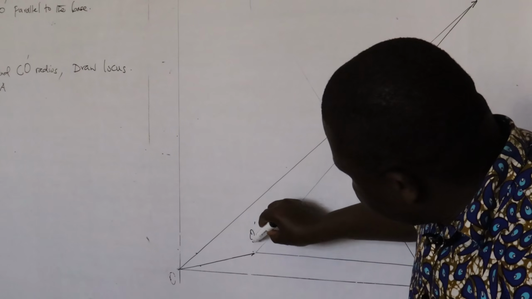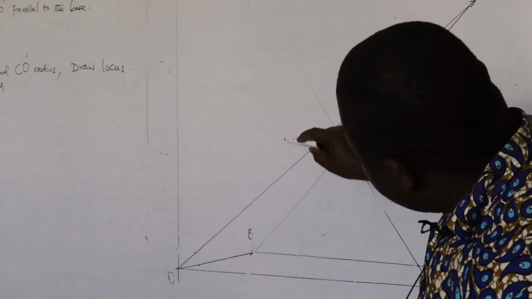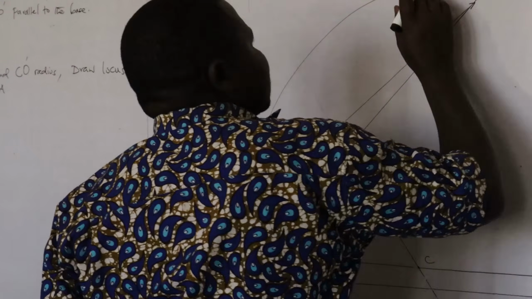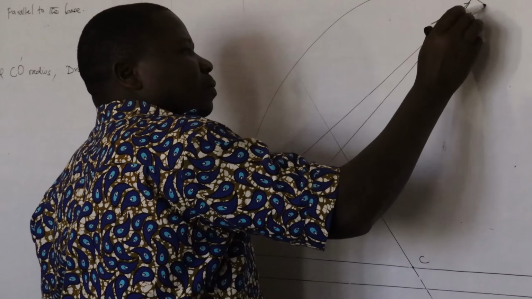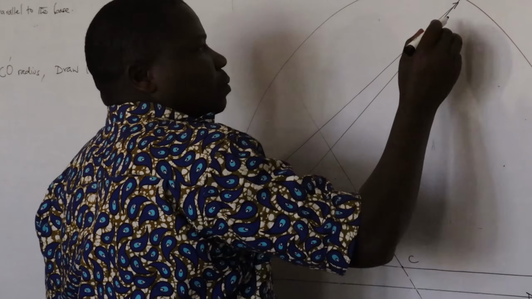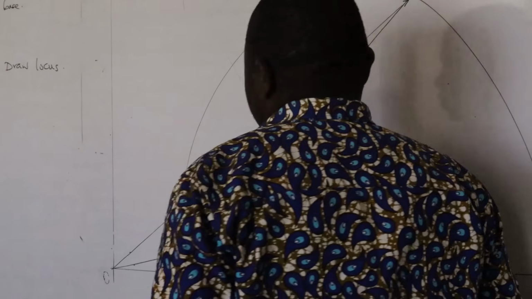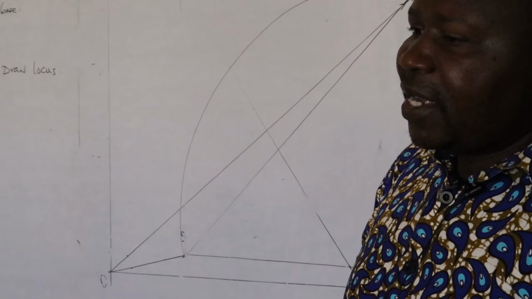Draw the locus through A. It must pass through A.